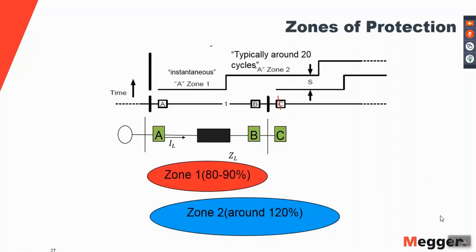Then you set a zone 2, which can be used to account for 100% of the line and even a piece of the adjacent line. And that zone 2 you're going to trip, not instantaneously, but with some intentional time delay. Okay?